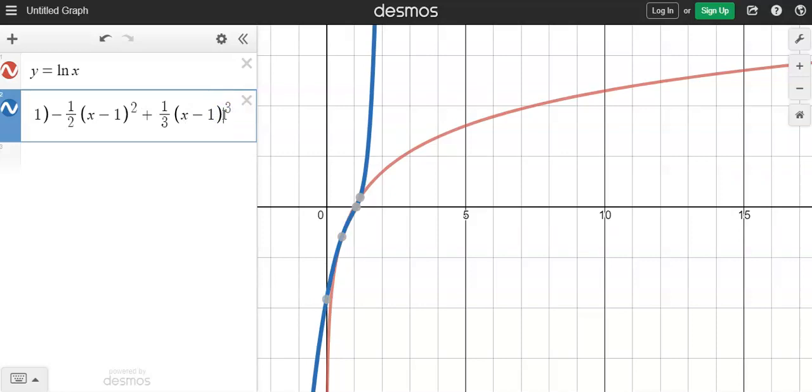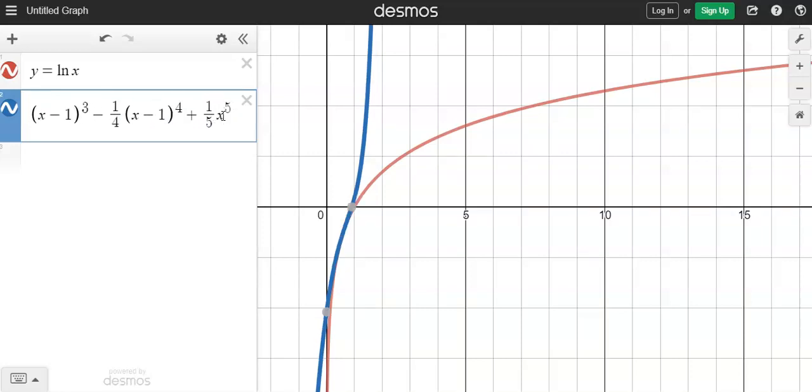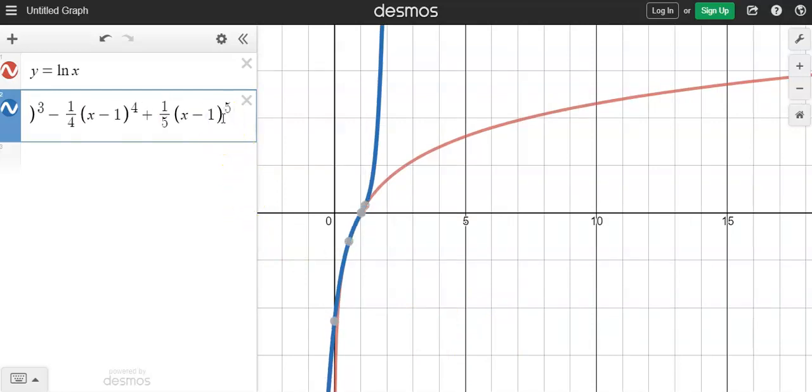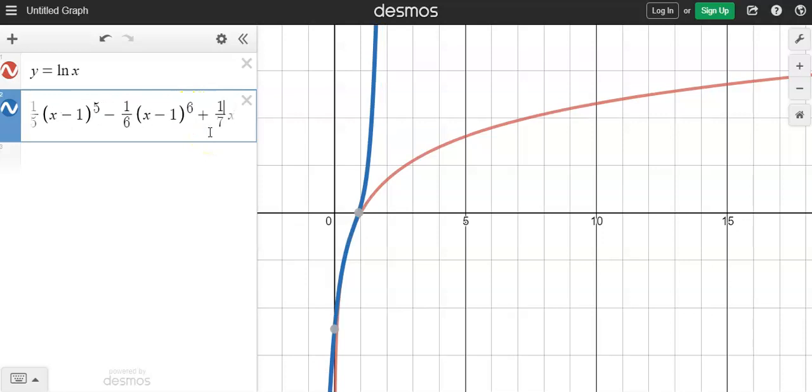And I hope now you can see it already happening, that the blue Taylor polynomial approximation is indeed converging upon the red natural log of x function. The more terms in the Taylor polynomial, the better the approximation.